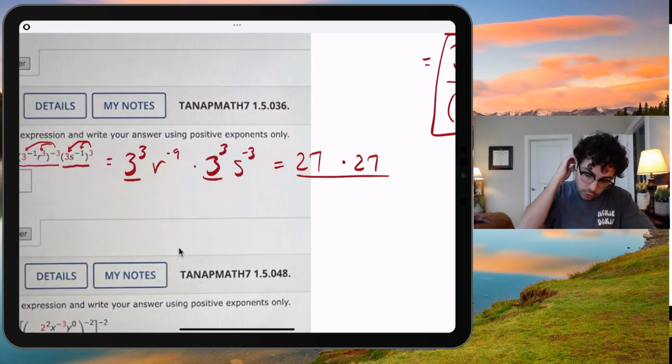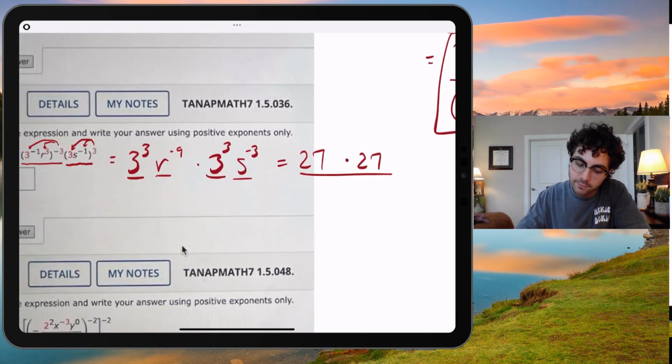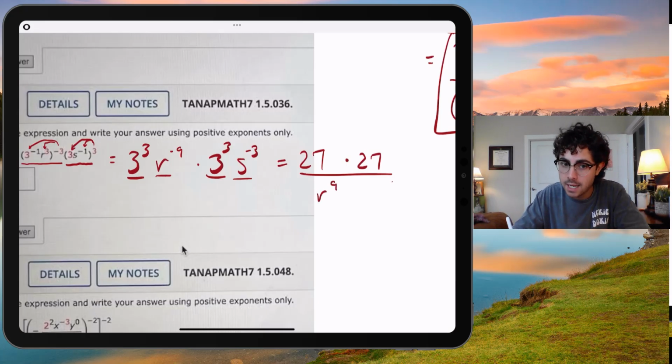And I'm going to start doing something with these terms with negative exponents. I'm starting to create a fraction because if you have r to the negative 9, that's going to be the same as r to the 9th in the denominator. And if you have s to the negative 3, basically up top, it's going to go in the bottom as s to the positive 3.